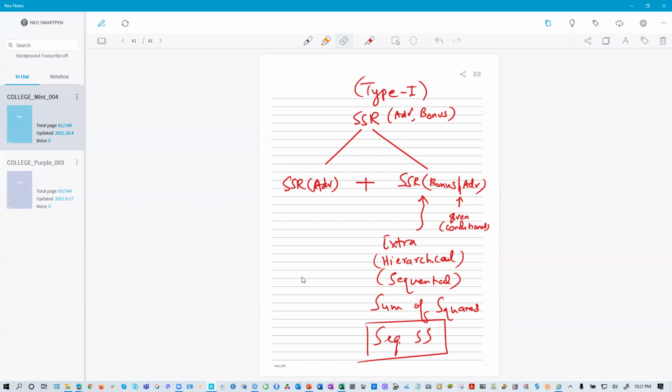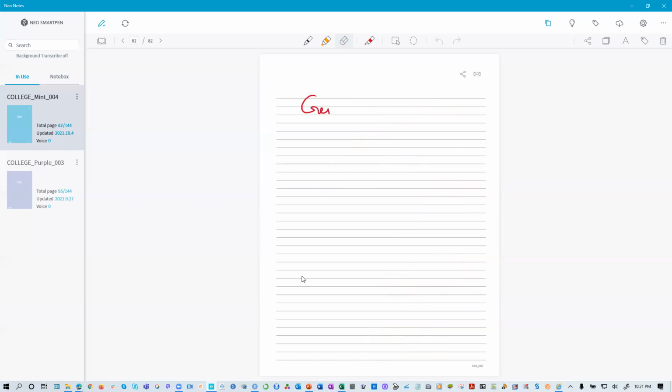To support this one, I'm going to write the general case for you to see. Let's say that you have the regression model B0 plus B1 x1 plus B2 x2 plus B3 x3. I'm going to go to 4 of them, general case.